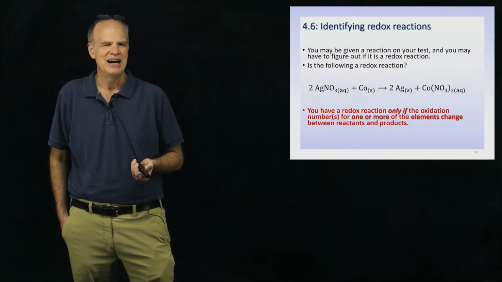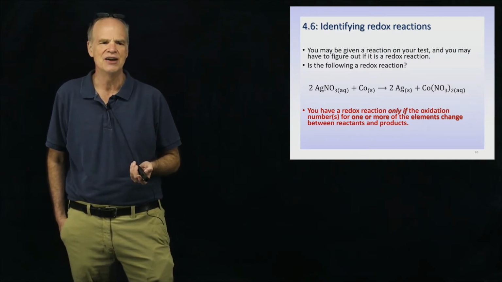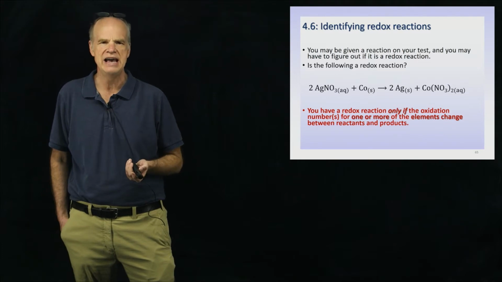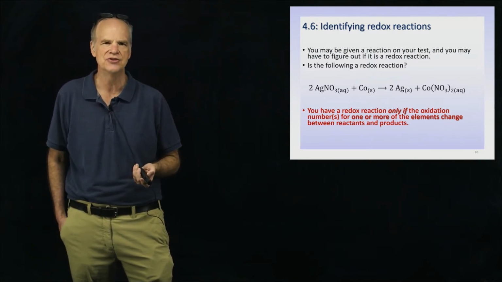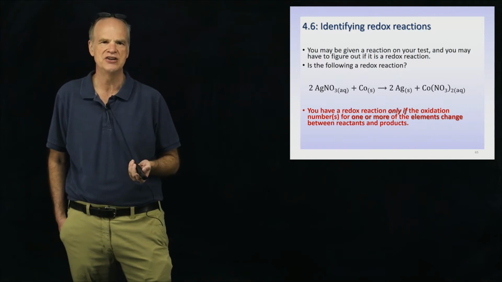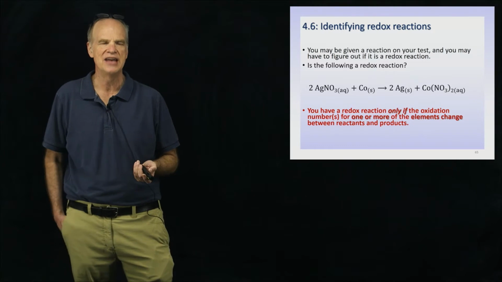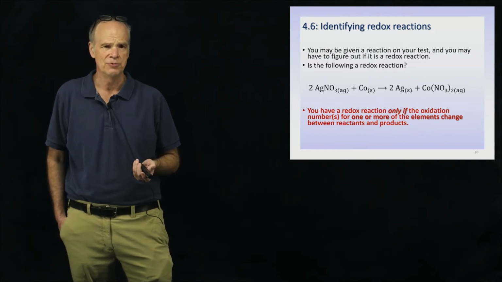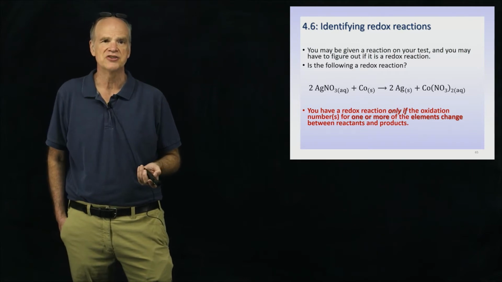And so I think the easiest way to do that is to figure out that for any element in that reaction, as you go from reactants to products, does the oxidation number change? If you find one element that does that, then it's a redox reaction. You'll probably have more than one element that may do that if it's a redox reaction.